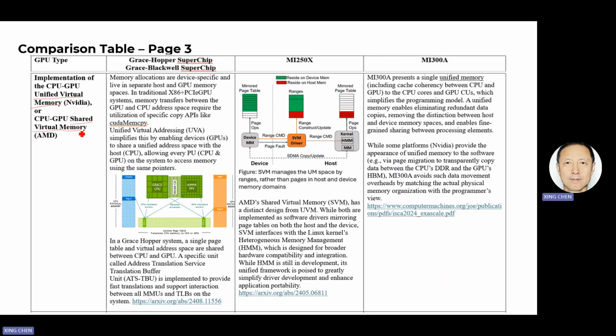They use different names, but basically it's the same thing. The fact is that in the old products, before the MI300A and the GraceHopper superchip, the GPUs were always connected to the host by the PCIe link, and that makes you have two memory hierarchies.